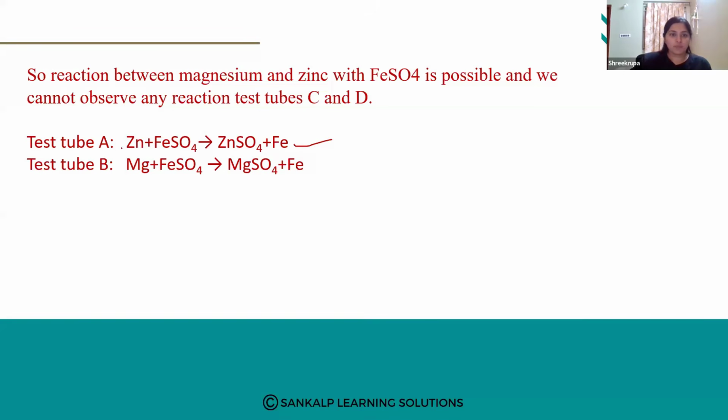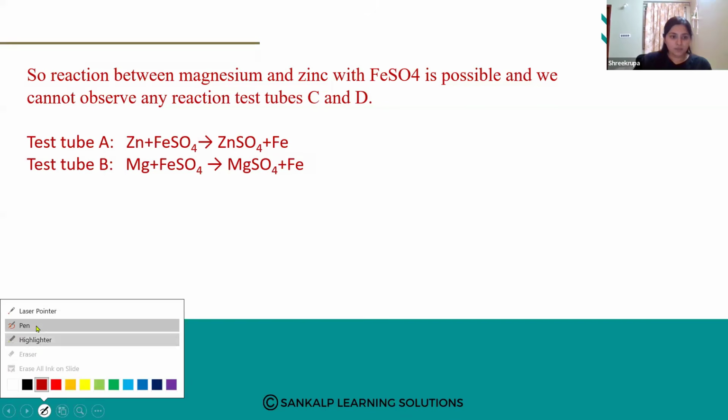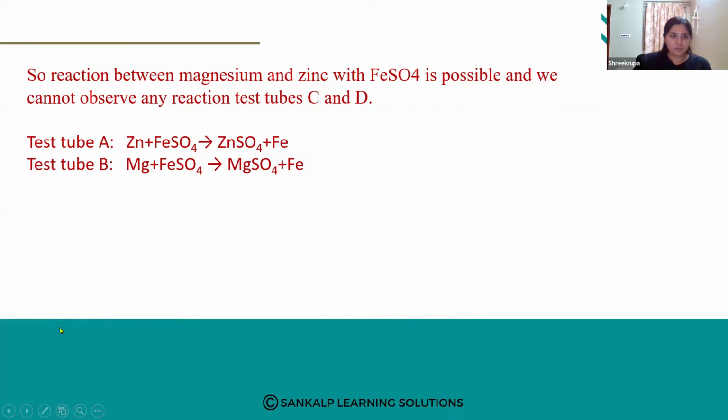And in test tube C, Mg reacts with FeSO4, and here also the reactivity of Mg is greater than iron.